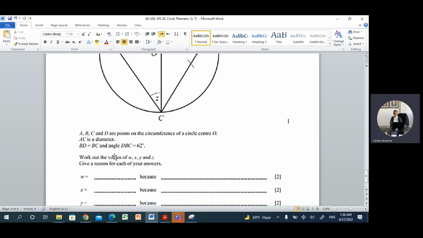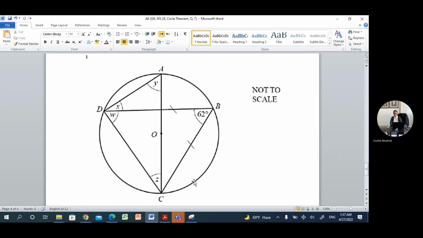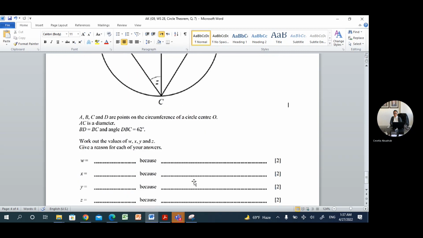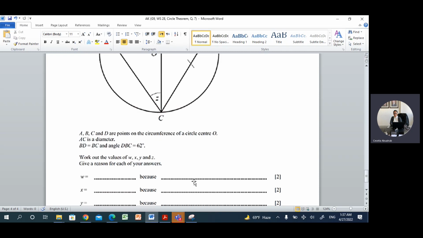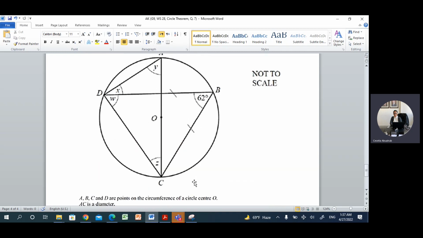They're telling you that BD is equal to BC, and angle BDC is 62. Work out the values of W, X, Y, and Z.